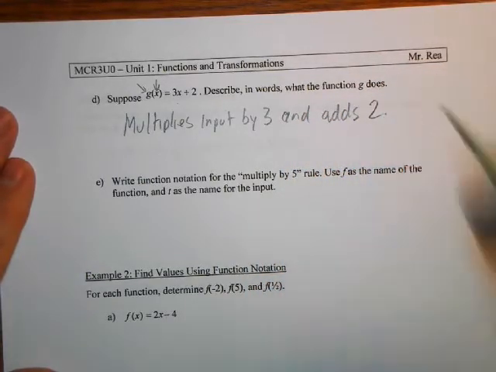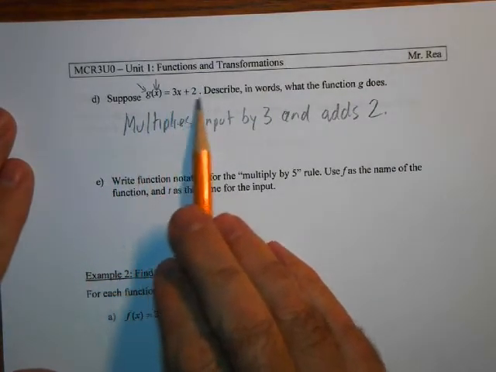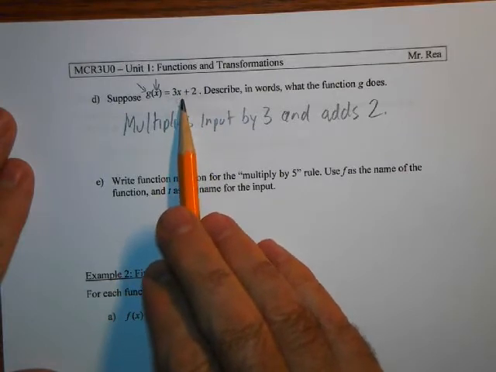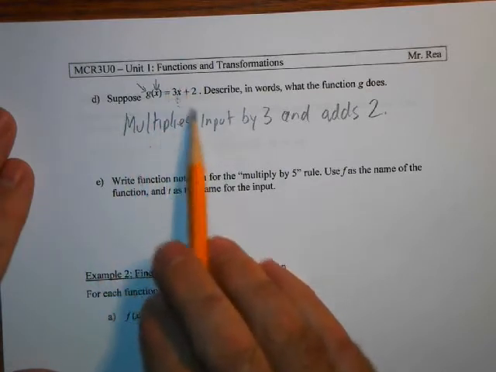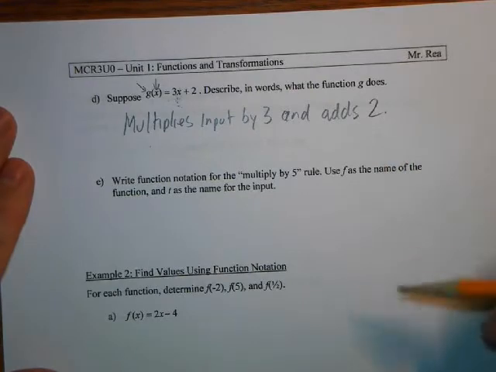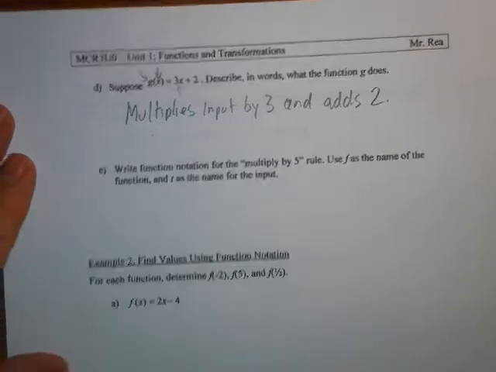So if you want to ever know what a function is doing to the input, you basically go through the BEDMAS here and see what's happening to the input, which in this case is x, and you can get basically a written description of what this box called g is actually doing. It's taking the input, multiplying it by 3, and adding 2.